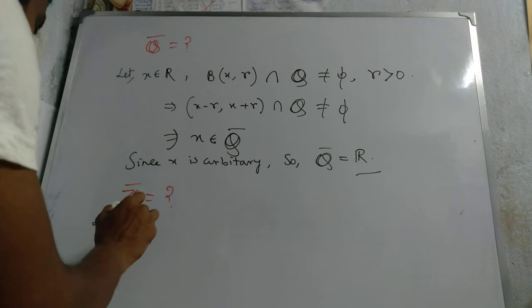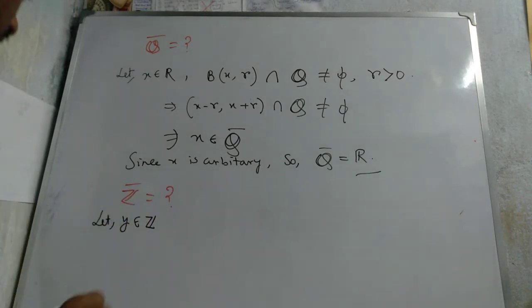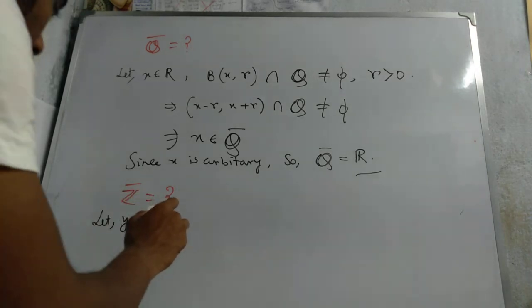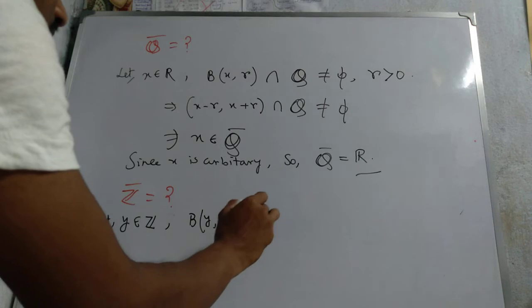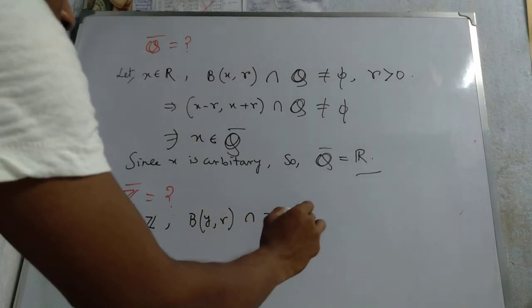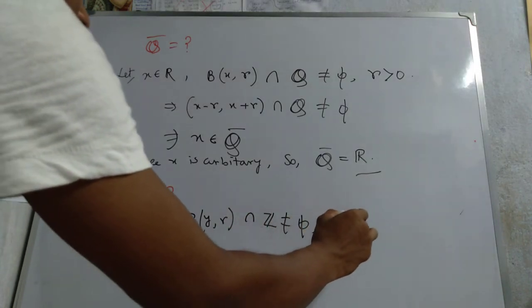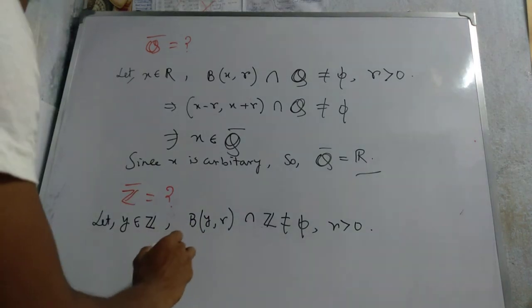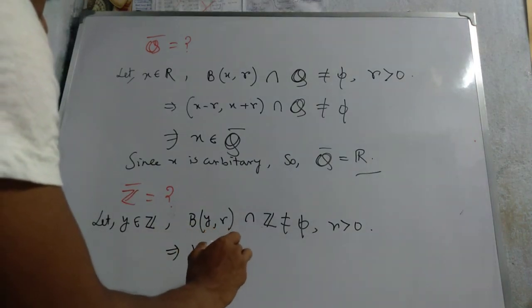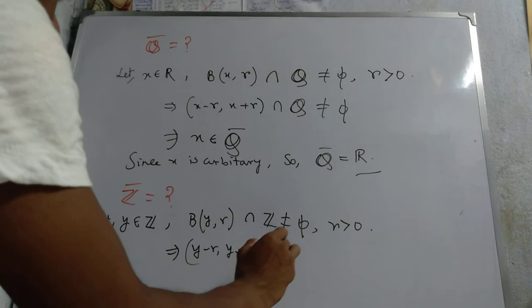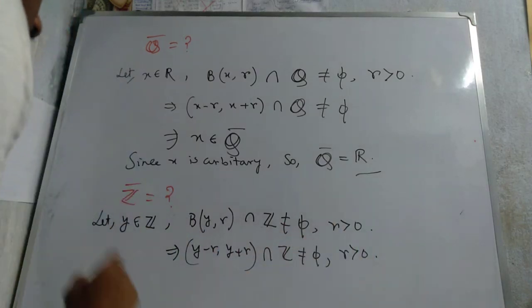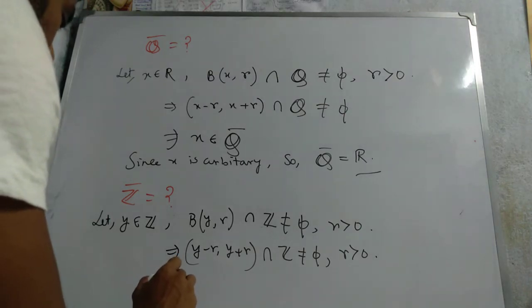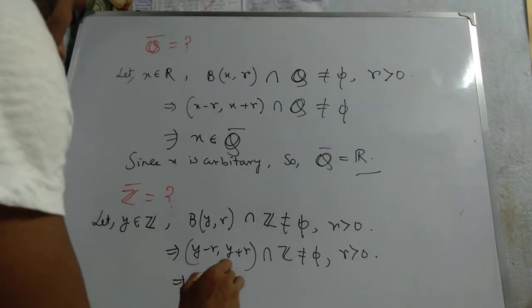Then if y belongs to Z, then B(y, r) intersection Z is not equal to empty set for r greater than 0. Here (y minus r, y plus r) intersection Z is not empty for r greater than 0. Then this implies y belongs to the closure of Z.